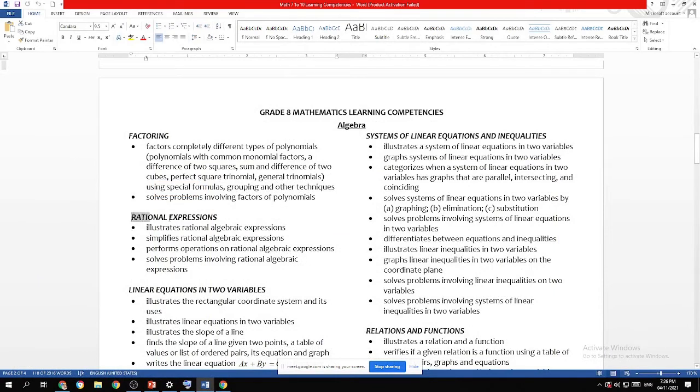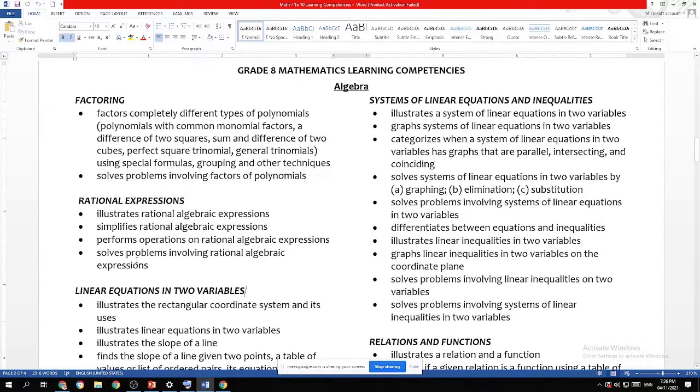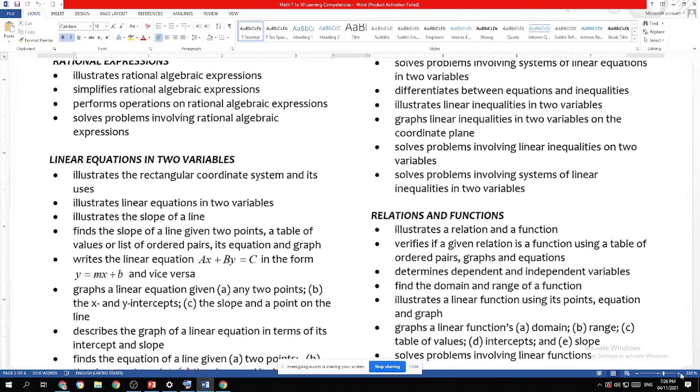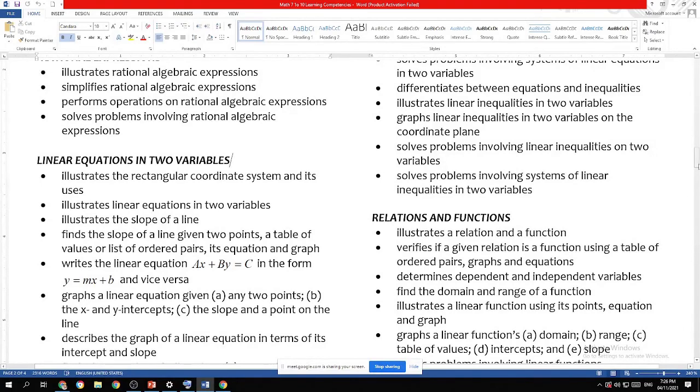Here are the rational expressions. Which of these four competencies will I use for addition of rational algebraic expressions? Class, look at rational expressions here. Yes, Ronald?